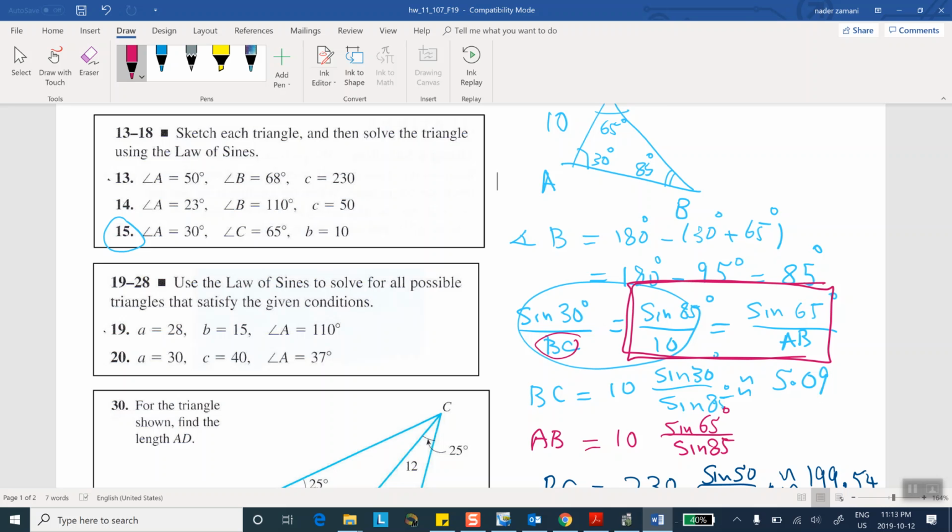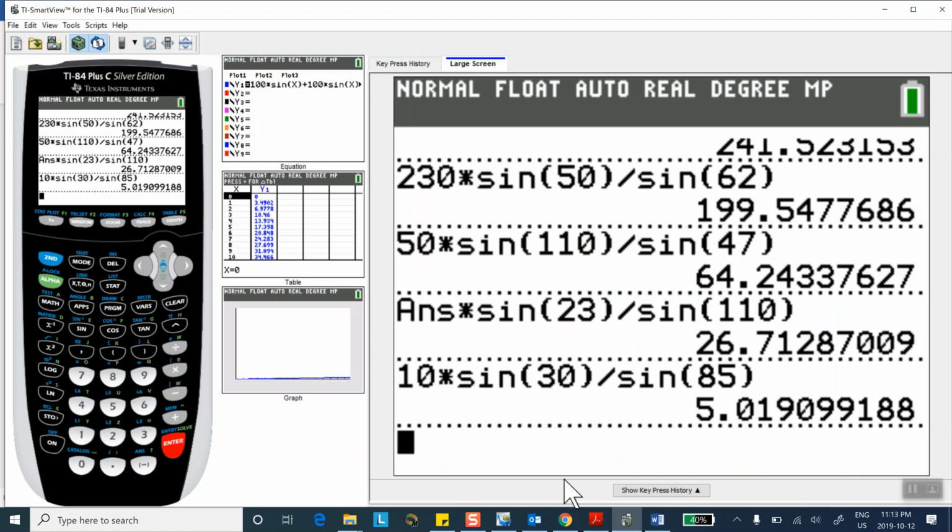Okay, 65 over 85. So we go here, 10 times sine of 65. What is that? Sine of 65. Close the parentheses, divided by sine of 85.